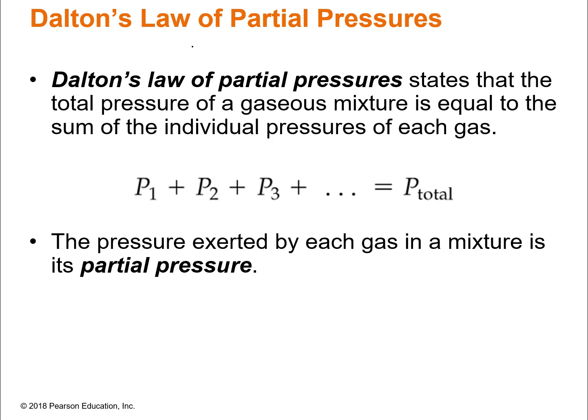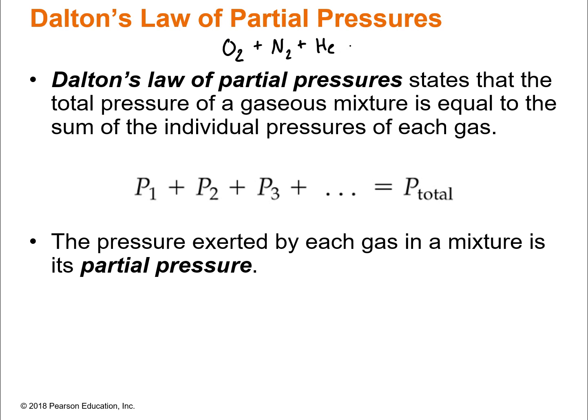But if you do go scuba diving, you need some oxygen. Sometimes that oxygen comes in the form of what's called a trimix, where you've got oxygen gas, nitrogen gas, and a little bit of helium.